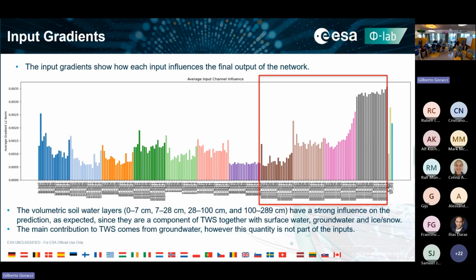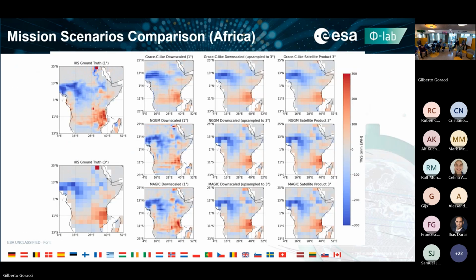This is expected and correct, because these layers are a direct component of TWS together with surface water, groundwater, and ice or snow. Of course, the main contribution to terrestrial water storage comes from groundwater, but groundwater is not part of the inputs because from ERA5 we don't have direct measurements of the groundwater.